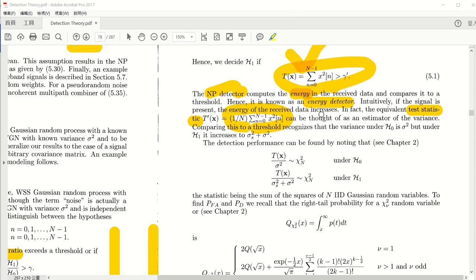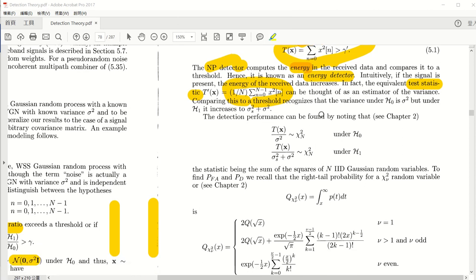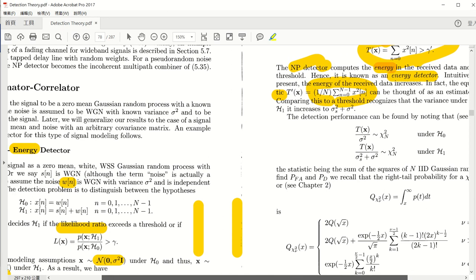Okay, so the next thing is we're interested in the distribution on the H0 and on the H1. We will take a look at the detection performance, which can be found by noting that on the H0, the test statistic is a summation of the square.